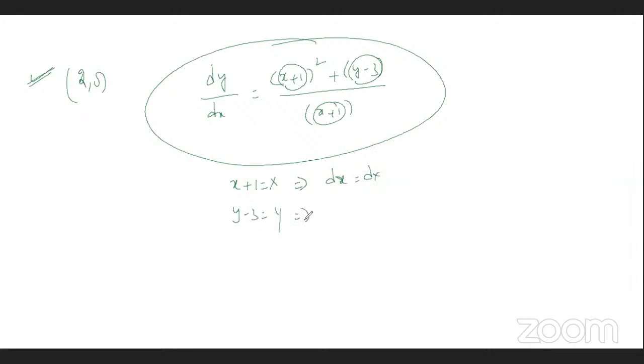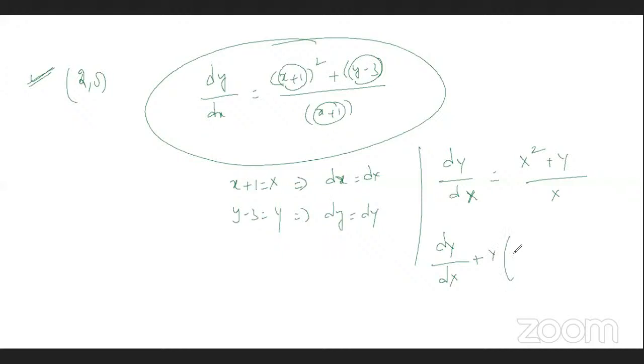D capital X. What is d small y? D capital Y. What is d small y by d small x? D capital Y by d capital X. This is X square plus Y by X. Now it becomes very simple. dY by dX plus Y times minus 1 by X equal to capital X.